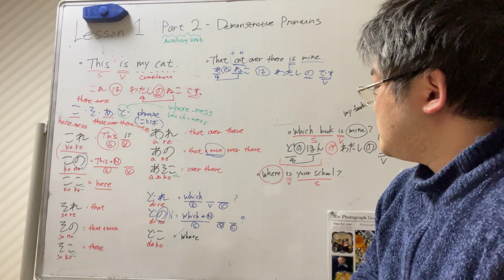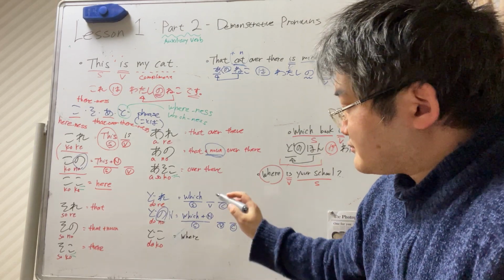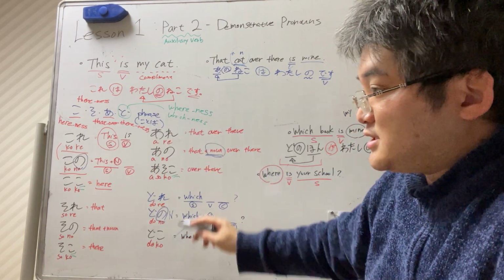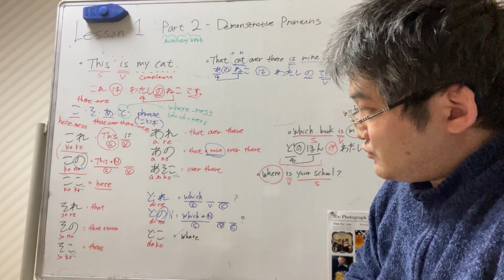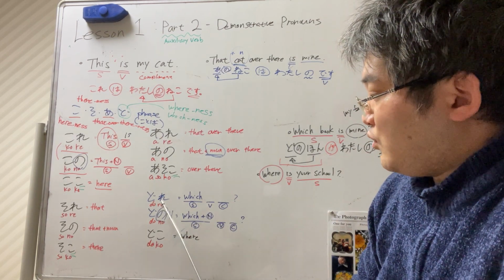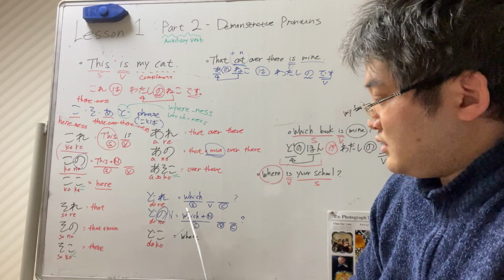But in Japanese, we kind of follow the pattern from ko. So dore does not take a noun here, and dono is a noun.